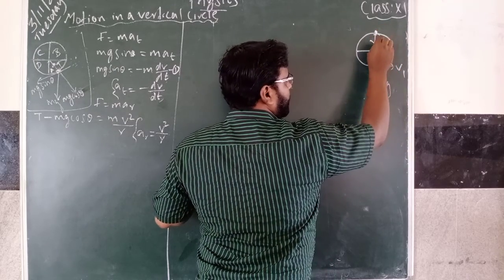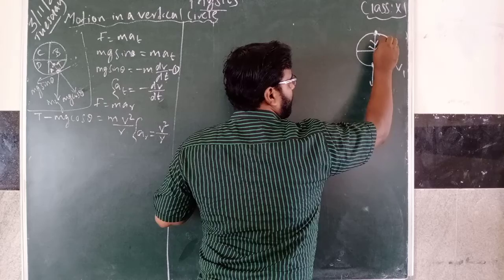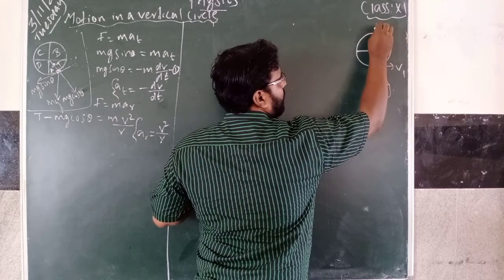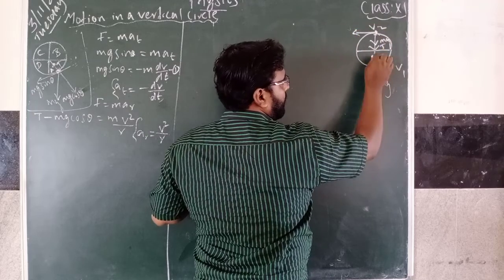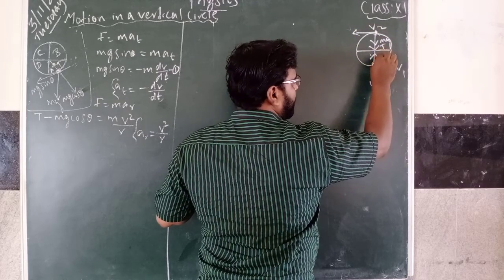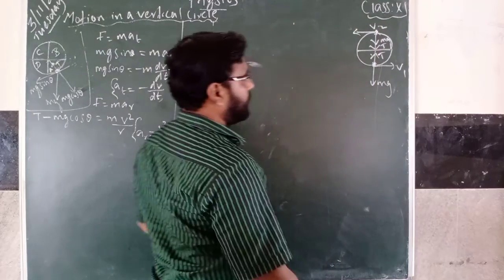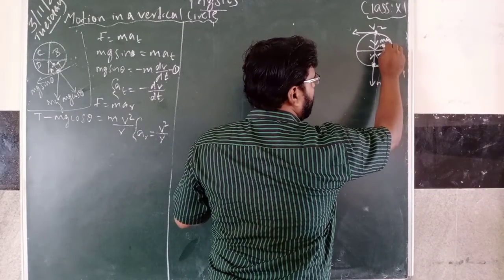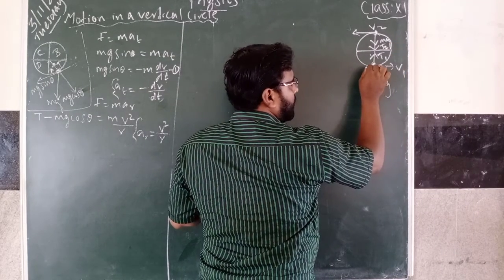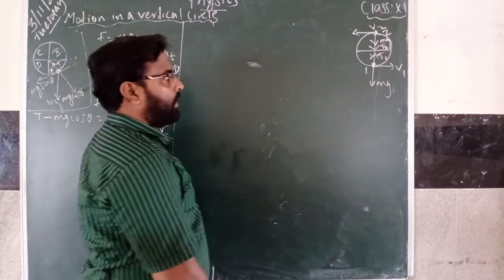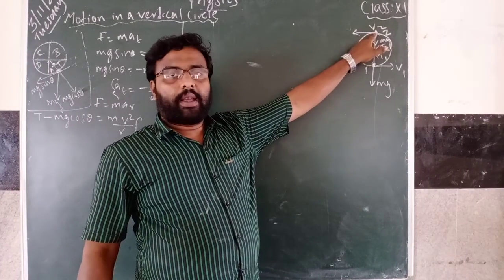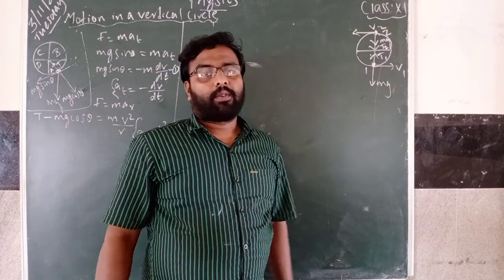Here acting mg, here acting tension. Here velocity 2, in this direction. And here tension acting opposite. You can call this T1 and this T2, because this is position 1 and this is position 2.